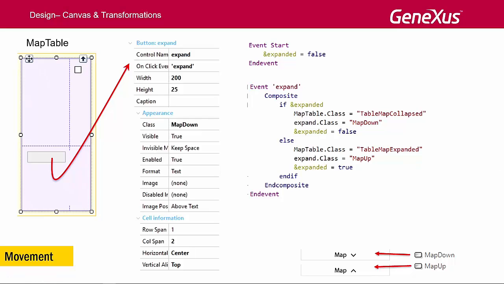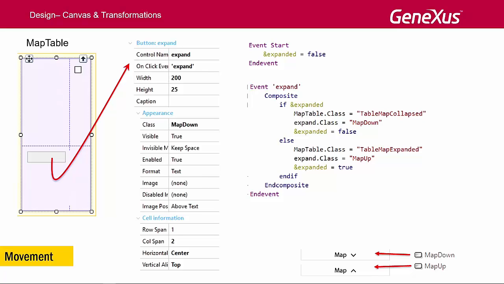What we see is that the class of the table containing the image of the room and the button is replaced with table map collapsed. This is the one that has the translation transformation we saw earlier. The desired effect will take place there. That is to say, it will seem to move upwards, that the room image goes up and then disappears. Also note that the button's class is changed to display the one with the little arrow pointing downwards.